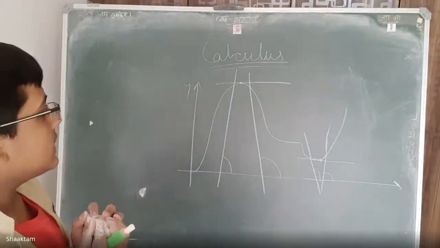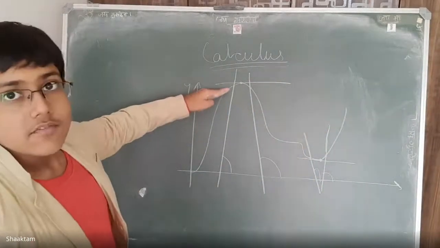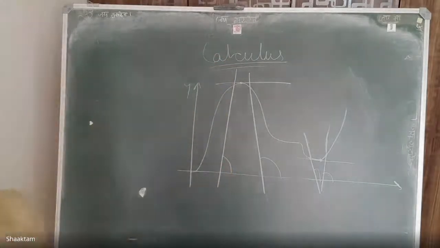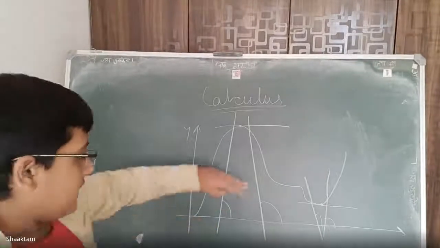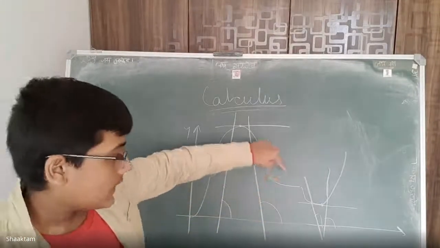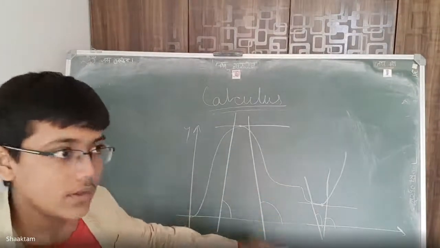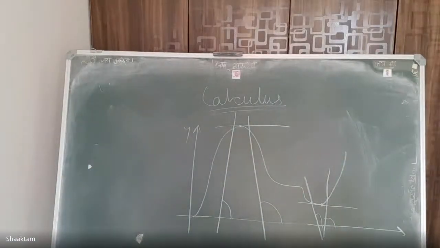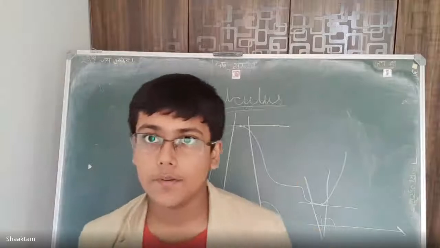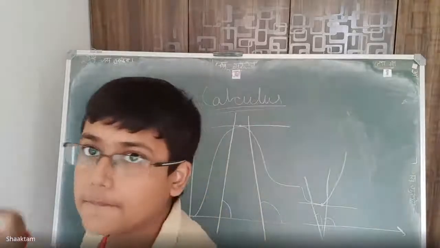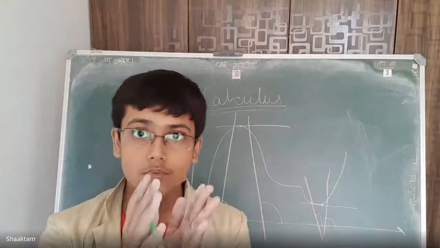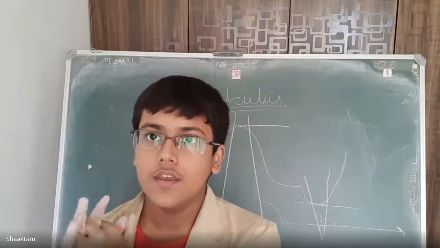So what you're observing is, it's positive, it becomes 0, then it goes negative for a maximum. When it's minimum, negative, 0, positive. So the rate of change of slope near a maximum is negative, because it's moving from positive to 0 to negative.